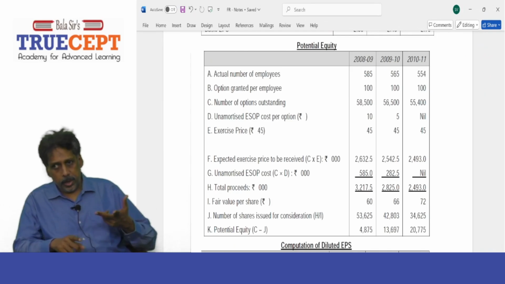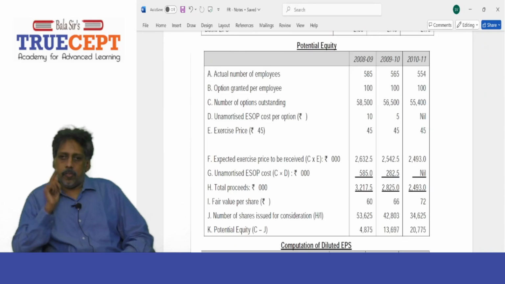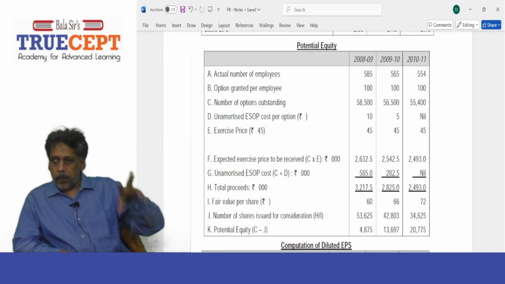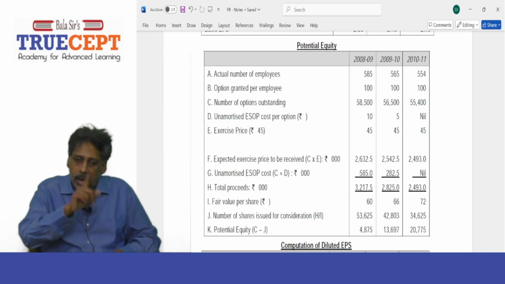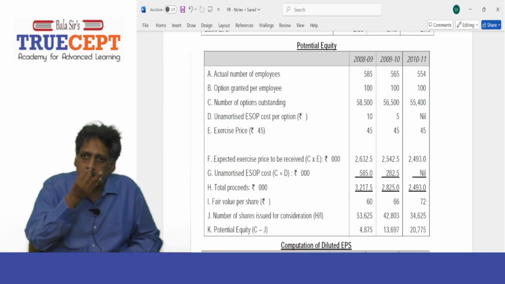And 565 into 100 is 56,500. And last year 55,400. That is the number of shares the employees will get, or the company has to issue, in case options are exercised at the end of year 1, year 2, or year 3.